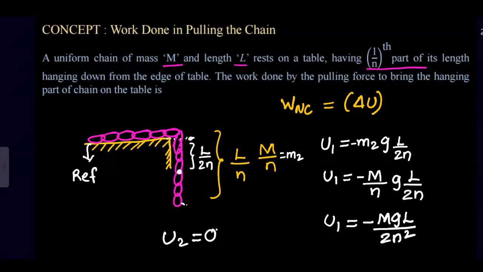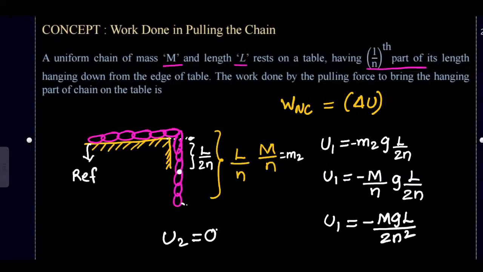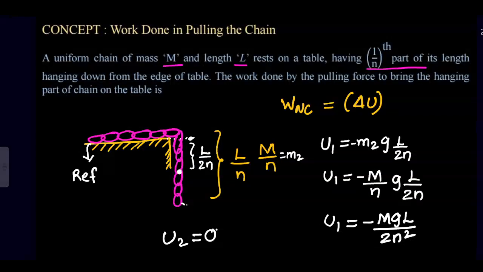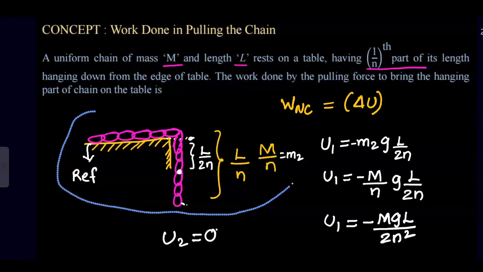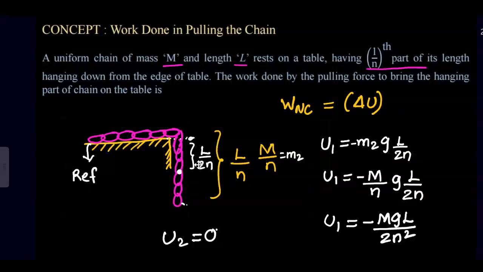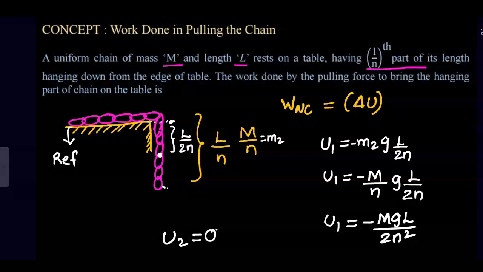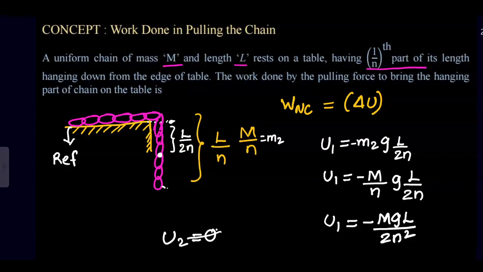Now the work done is equal to the change in potential energy, that is U2 minus U1, final potential energy minus initial potential energy. Why is U2 0?